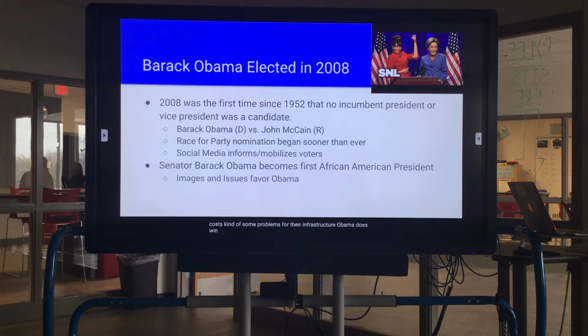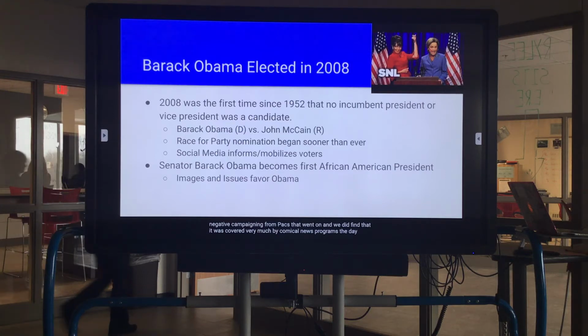Obama does win. In terms of campaigning, it was between the candidates themselves very civil. But there was definitely some negative campaigning from PACs that went on. And we did find that it was covered very much by comical news programs.